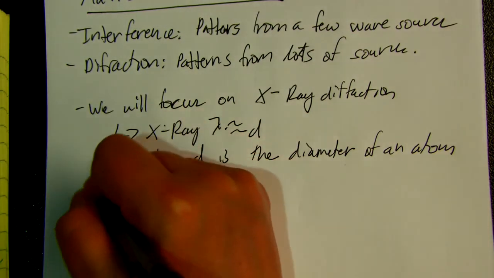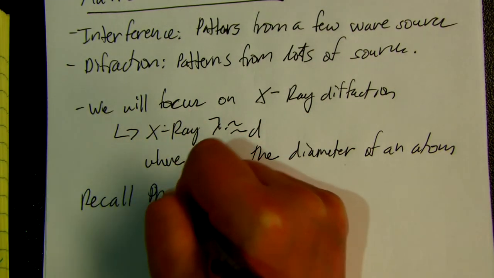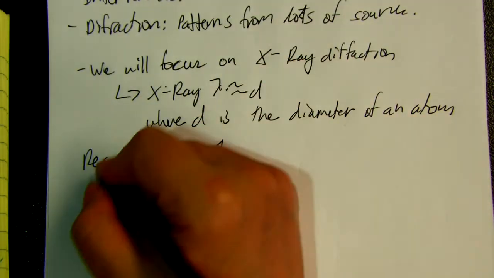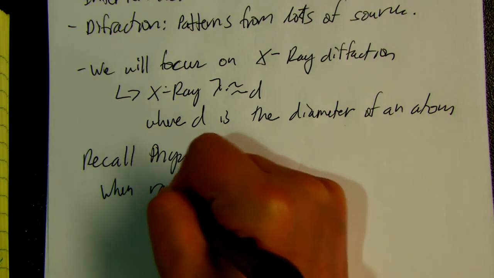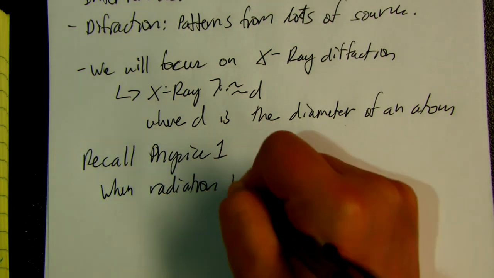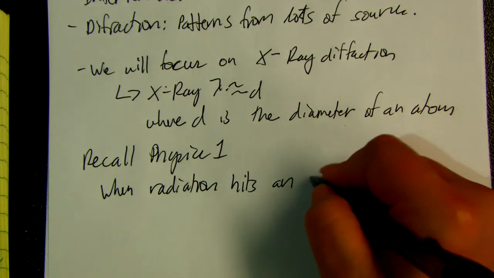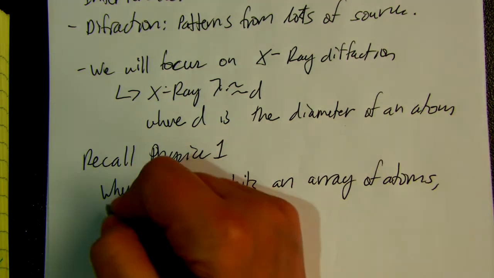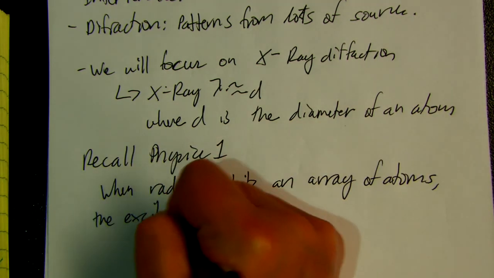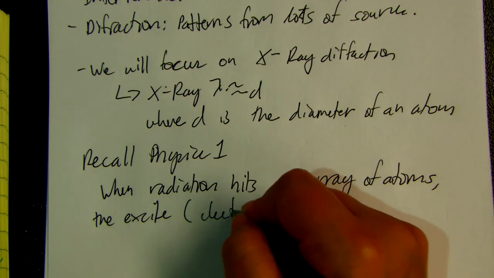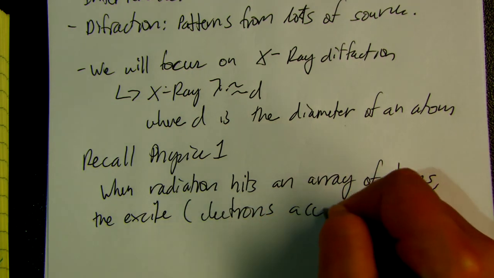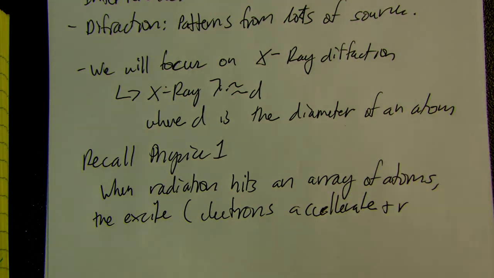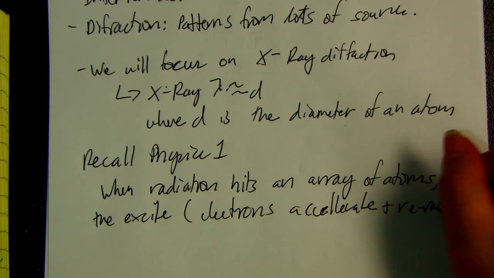If you recall Physics 1, when radiation hits an array of atoms, they excite, and electrons accelerate, and now we know that an accelerating electron causes re-radiation.